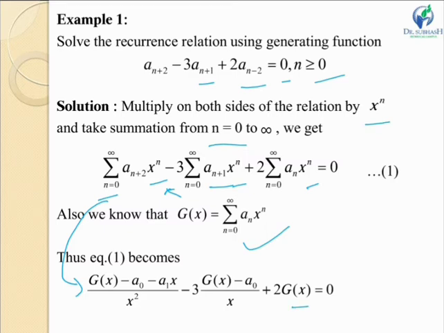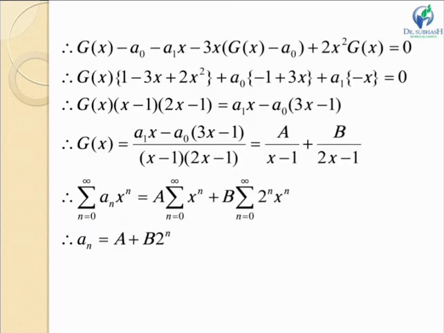Now we simplify this equation and taking the LCM, we get here gx minus a0 minus a1x minus 3x into gx minus a0 plus 2x square gx, and the denominator x square will go on the RHS and it will become 0. Now here I am collecting first the terms of gx only.